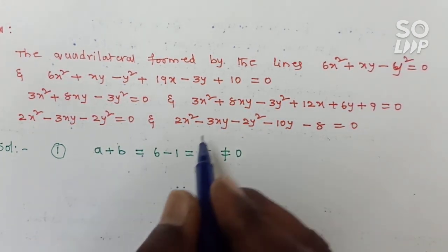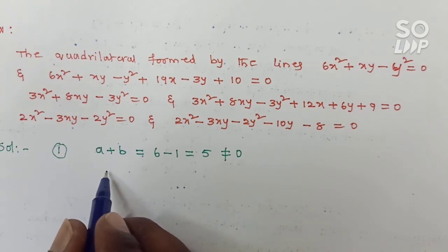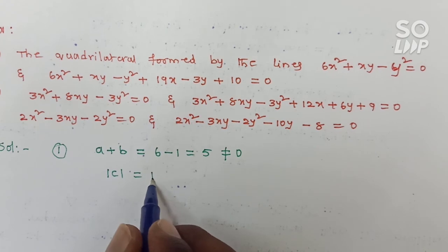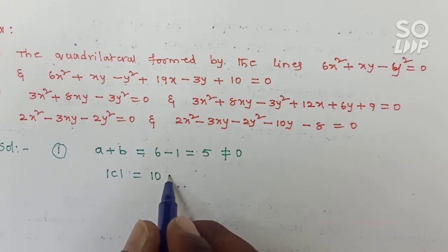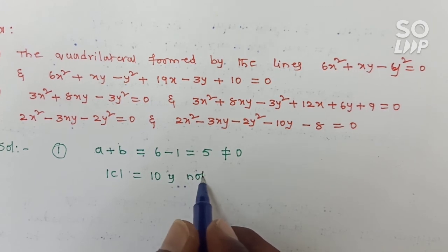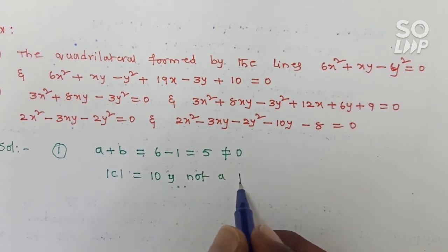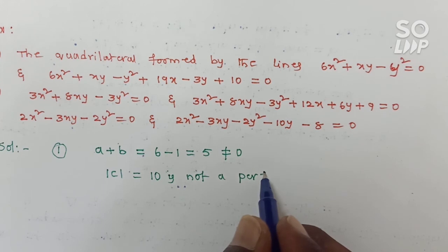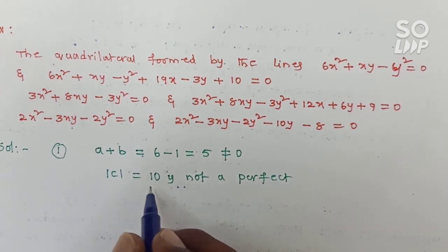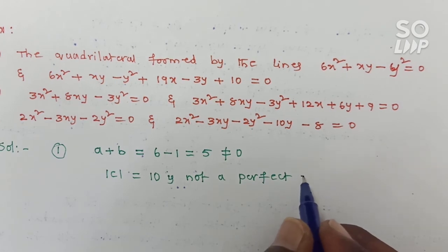And modulus of c is equal to 10. This is not a perfect square.